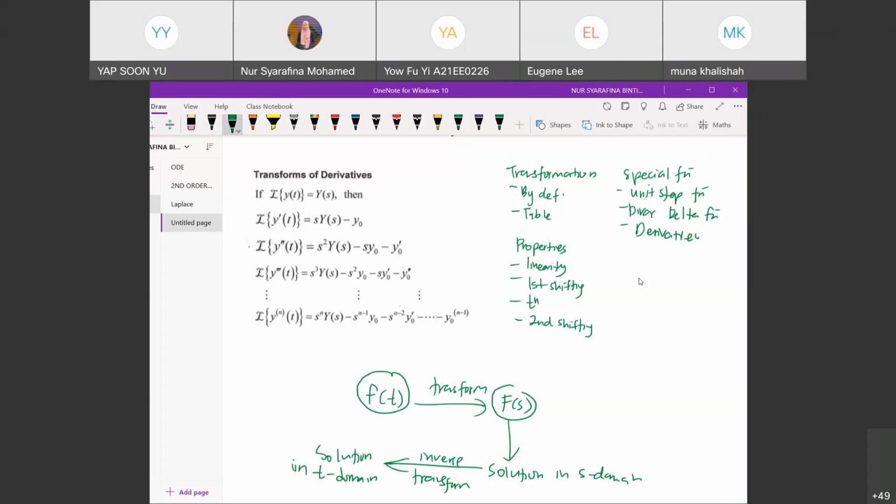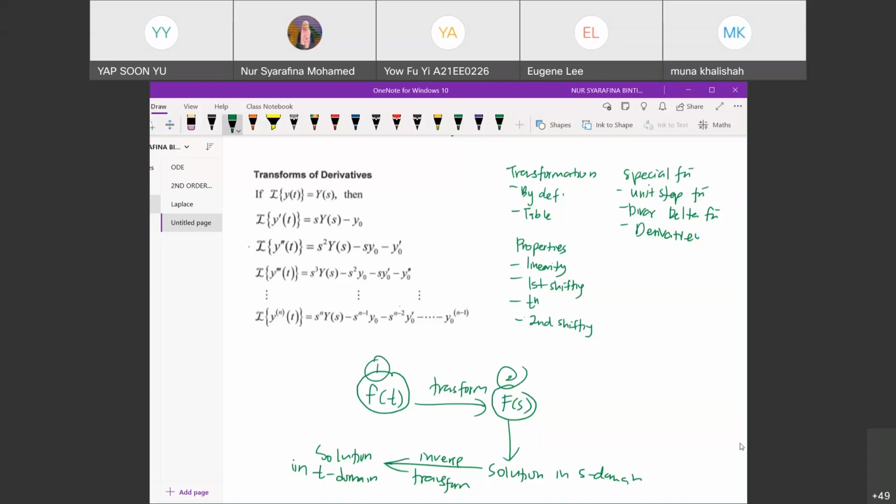Now we know the special function, where we don't have to transform the piecewise function one by one. We just need to convert it to the unit step function and apply the transformation of the unit step function. We have learned Dirac and now the derivative. So all of these are the basic idea of how f(t) transforms to F(s). What you have learned so far is from step 1 to step 2.